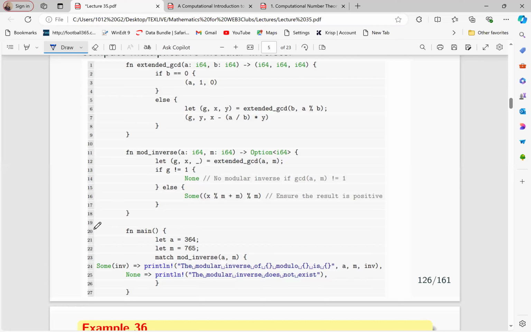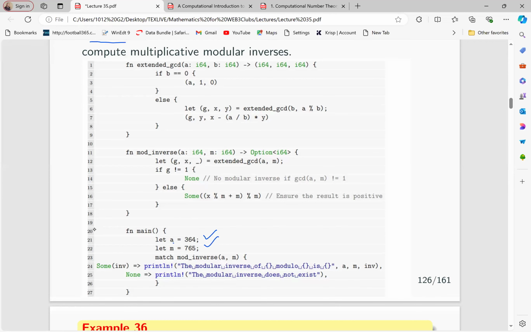Now, in the main function, you define the two integers you want to get the inverse of. You want to get the inverse of a mod m. So you let your a be, in this case, 364, the example that has just been above, and let m, which is our modulus, be 765.